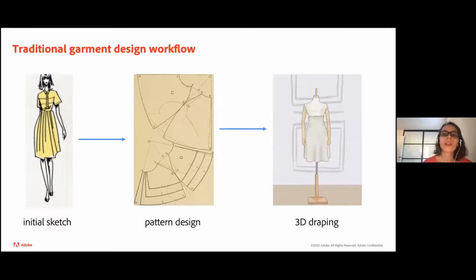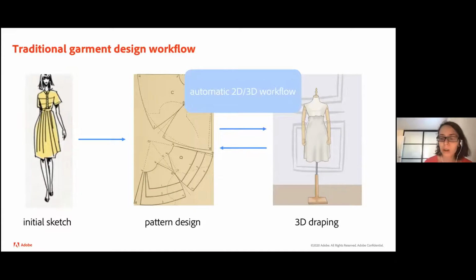So usually one has to go back and forth between adjusting the pattern parameters and then looking at them in 3D. So the goal in this project basically was to be able to replace this iterative workflow with a more automatic 2D and 3D workflow. So what do we want to do?